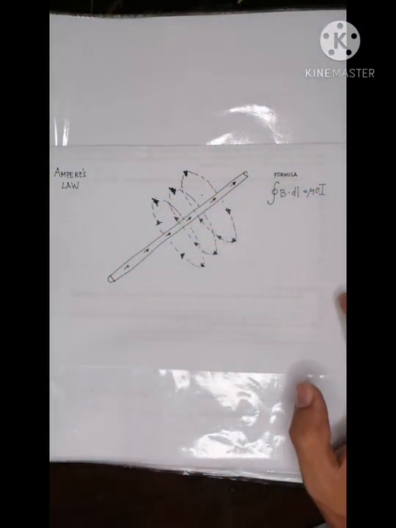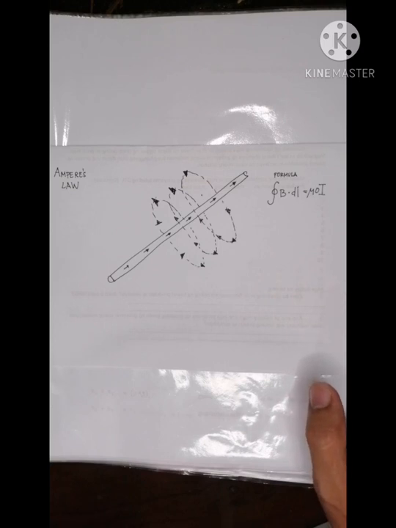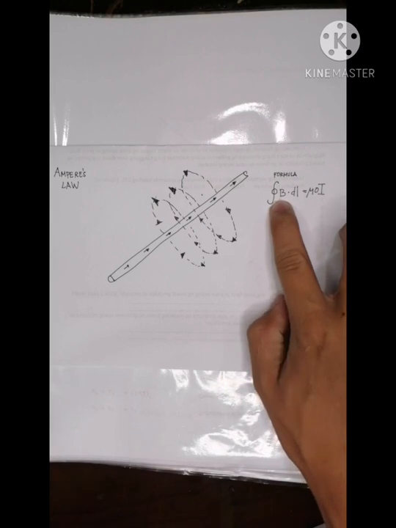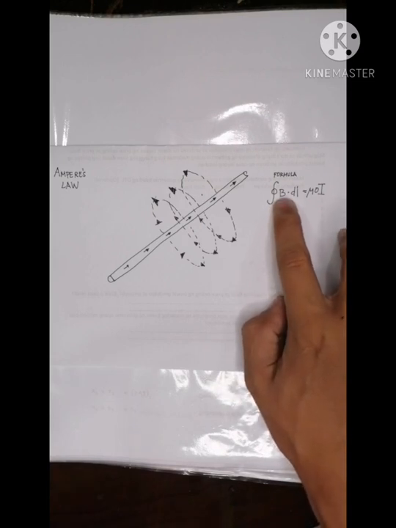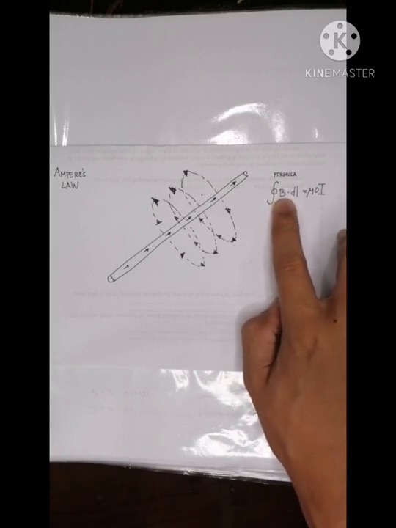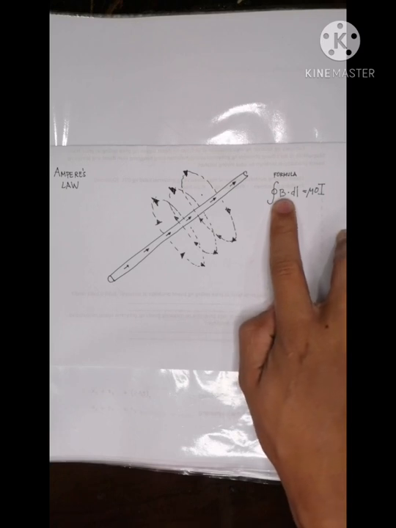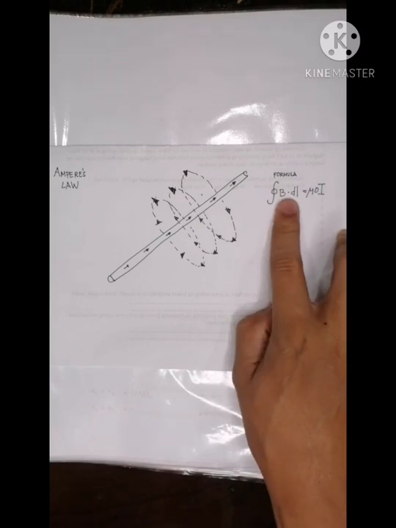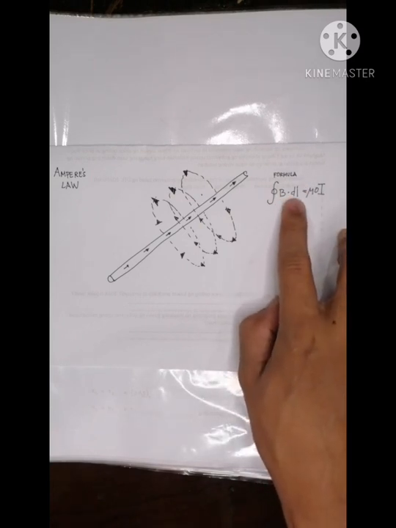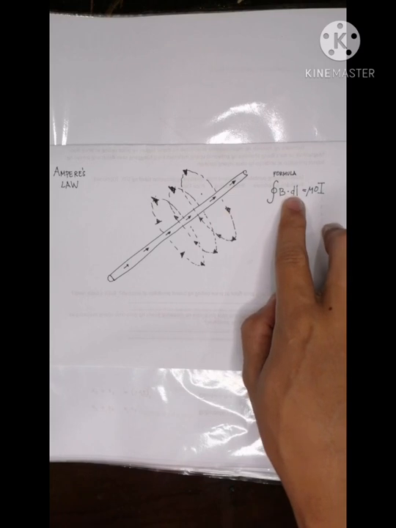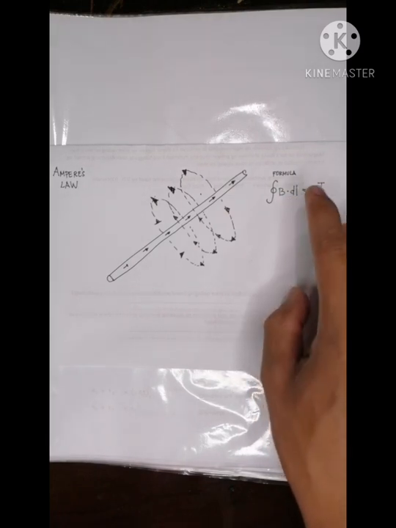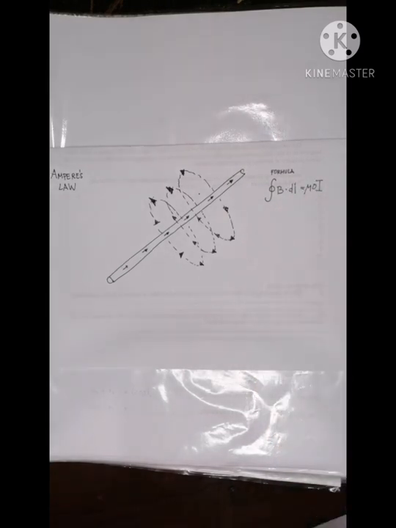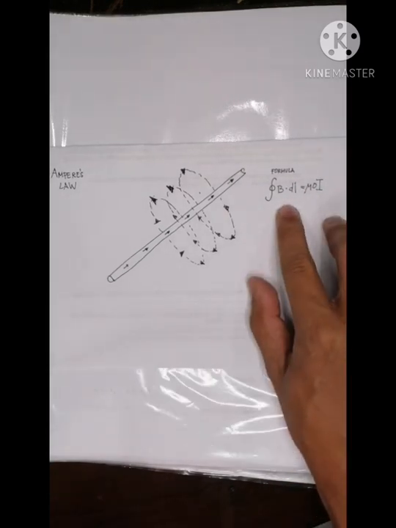In the formula of Ampere's law, we use the integration of the total electric field times the infinitesimal length.